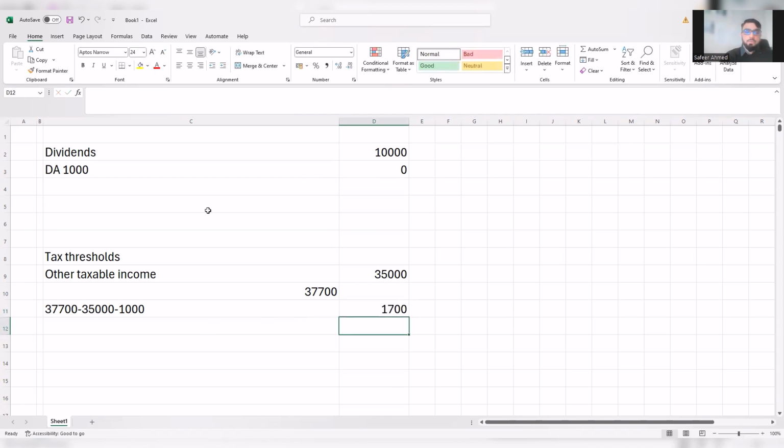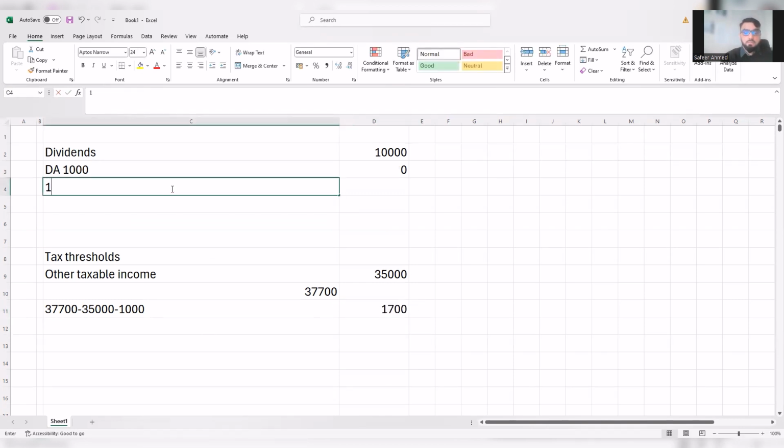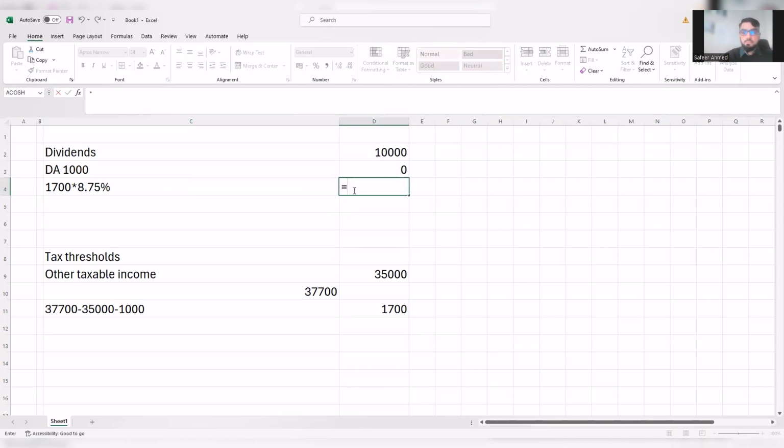On this 1,700, the tax rate which will be applicable is the basic rate of dividend tax. The basic rate of dividend tax, remember, is 8.75%. So it is 1,700 times 8.75%.